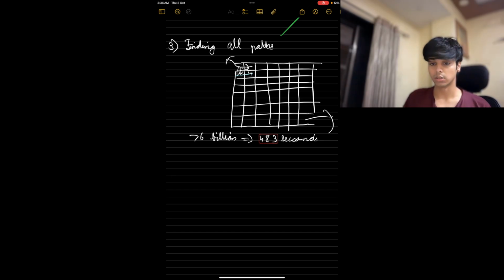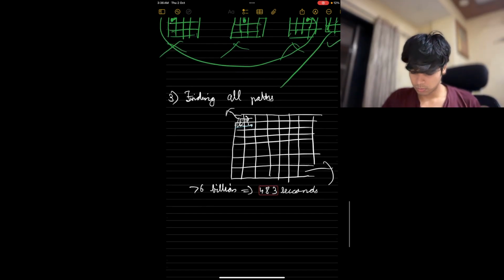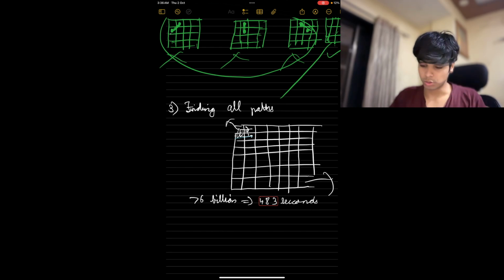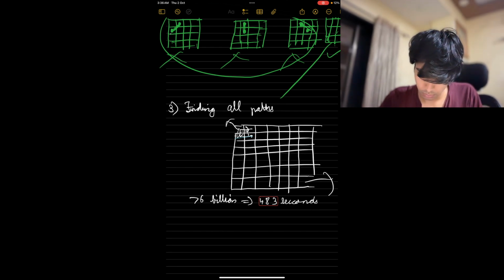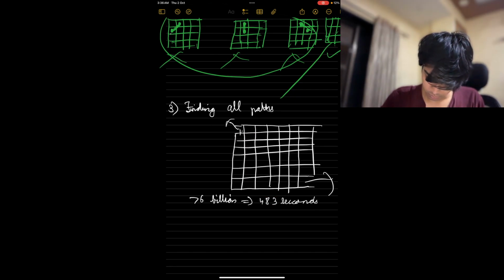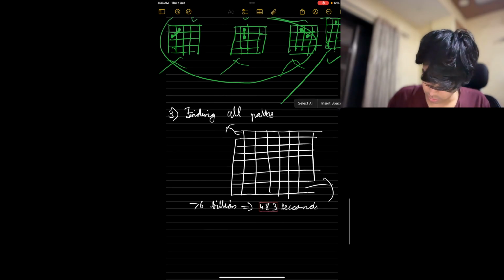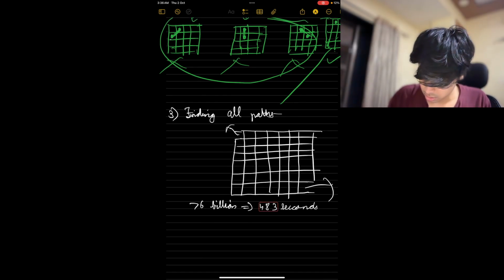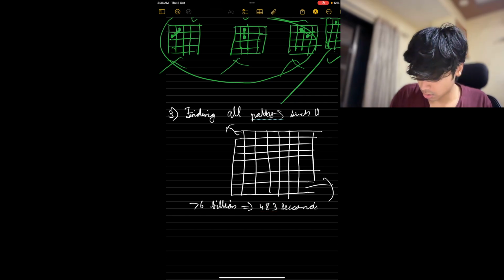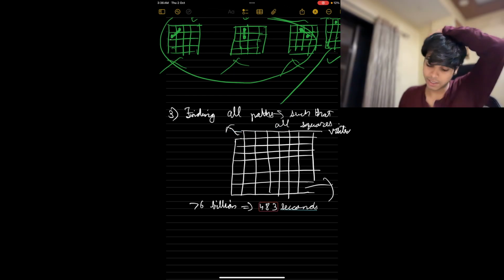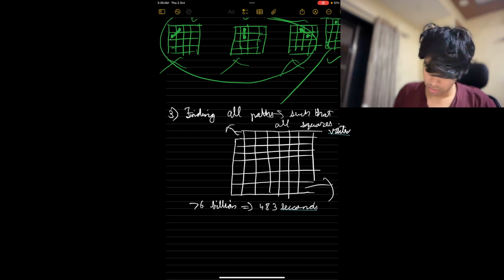Just mirror the top to the right. Let me show you. One thing I need to mention here: first we check whether a square is visited or not. So suppose I move from here, here, here, here, here.